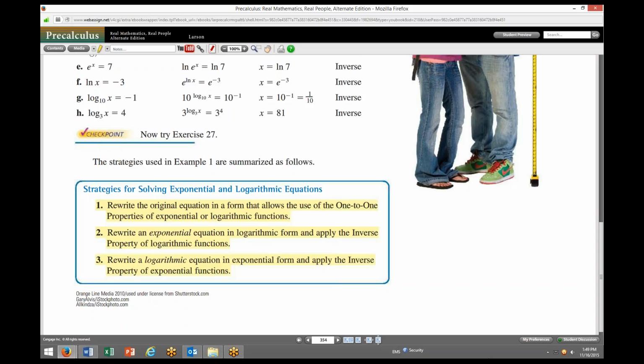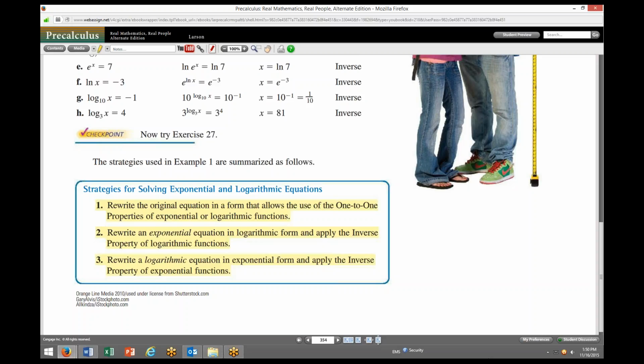Or if it's not simply solvable that easily, then you do all the algebra you can to isolate the exponential expression or the logarithmic expression by itself to one side of the equation equals to some quantity on the other side. And then they say apply the inverse property.